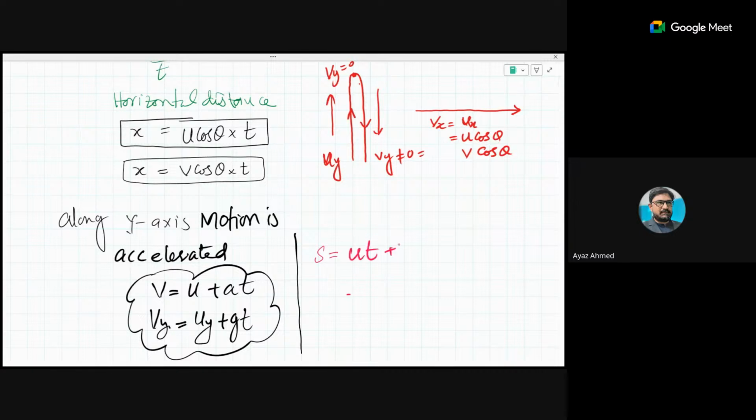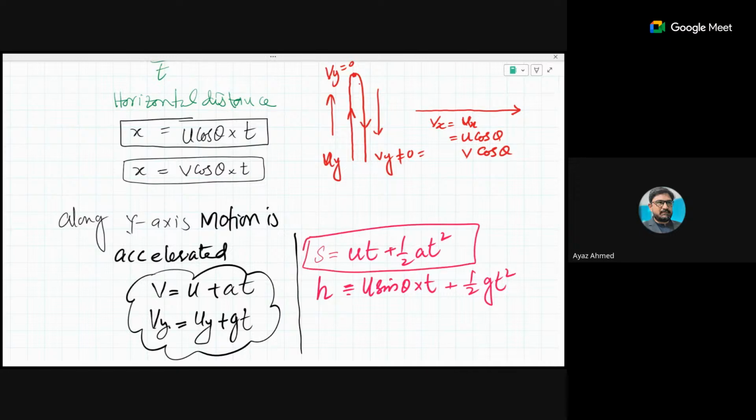So this s is basically h, and u is u sine theta, into t plus 1/2 g t square. No need to recall something new. Whatever you have recalled will all be used for projectile motion.